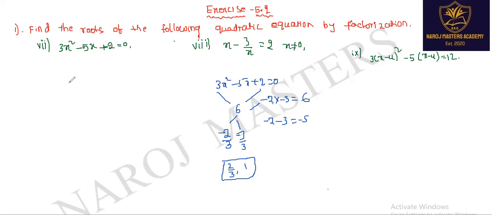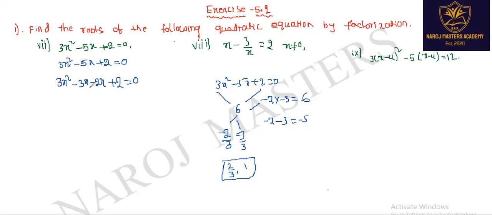Basic. So now look here, general method. So 3x square minus 5x plus 2, plus 2, okay, is equal to 0. Now this is 3x square minus 3x minus 2x plus 2 equal to 0.